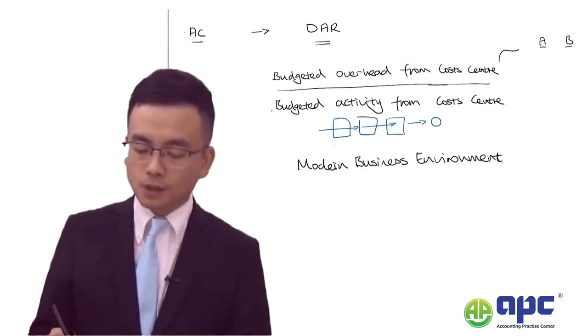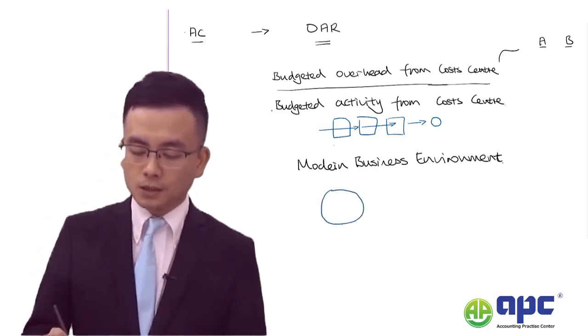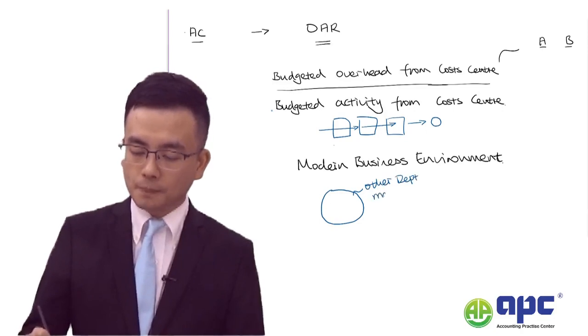For example, when I produce the item, in this department, other departments may join.